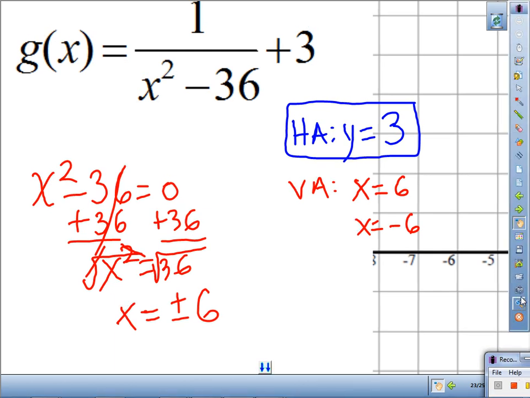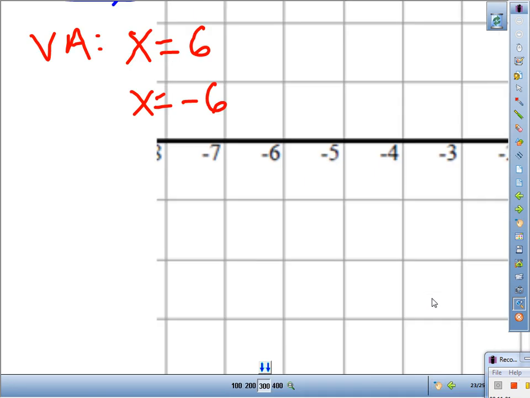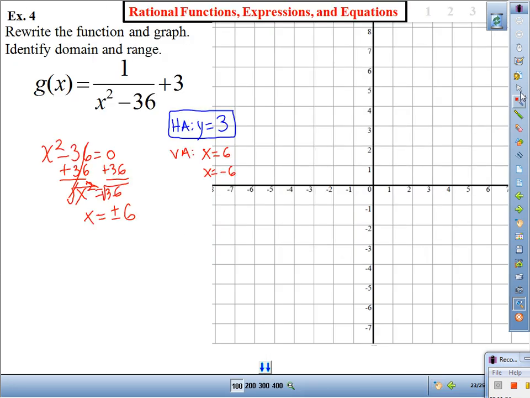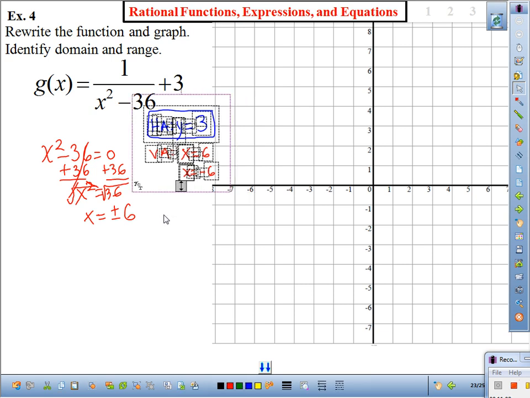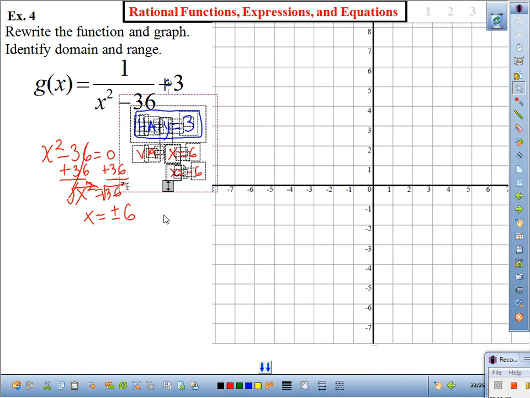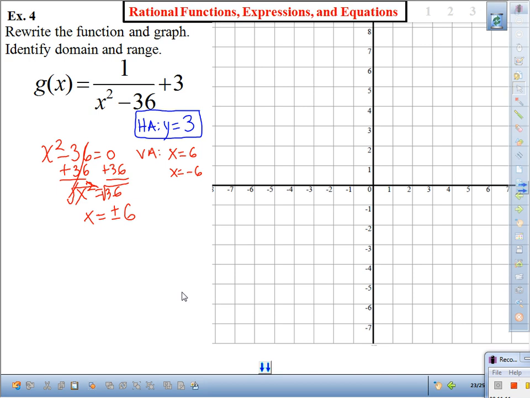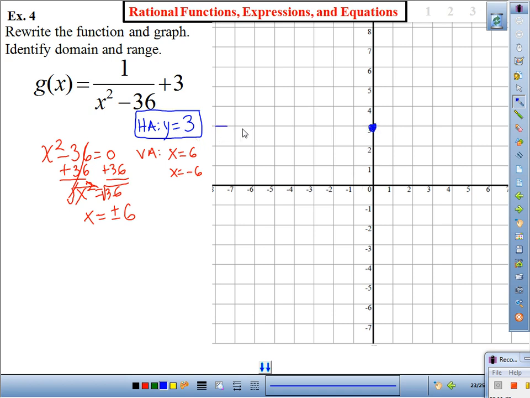All right, I'm going to zoom out. I'm going to move these out of the way. Okay, so I'm going to plot the horizontal asymptote first. That is y equals 3, which is right there.